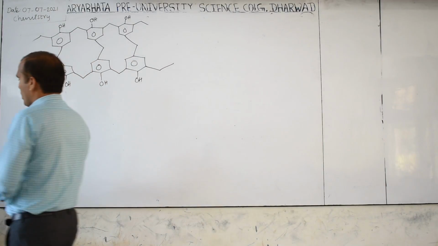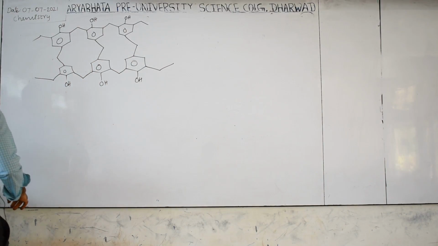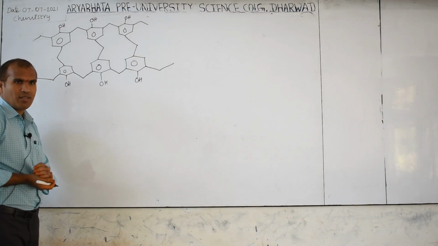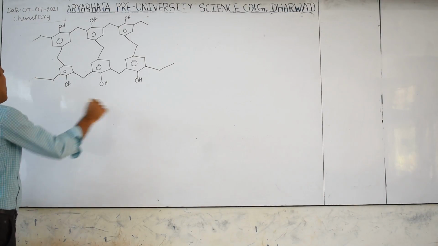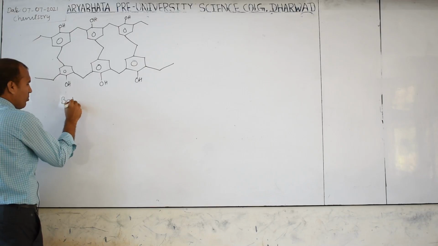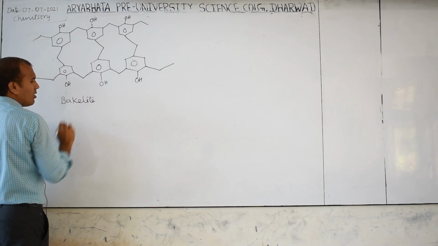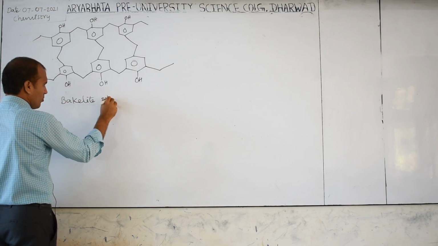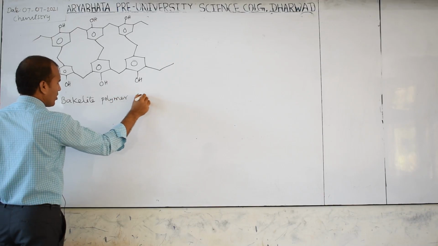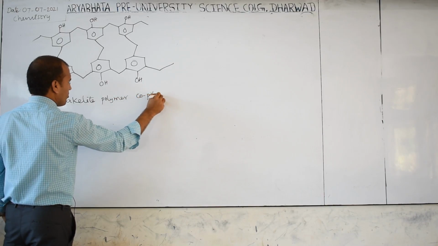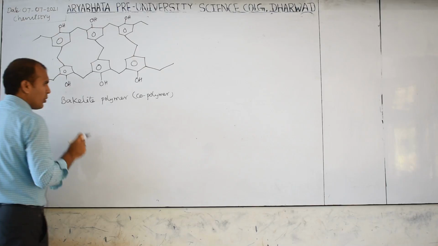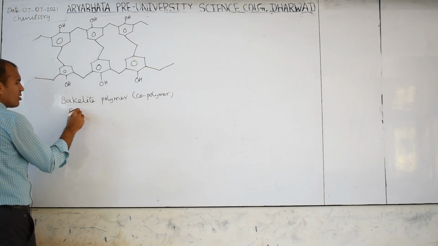In examination, they will not ask you to draw the bakelite structure, so it is somewhat difficult. I hope you remember that bakelite is a copolymer. And this is which one?